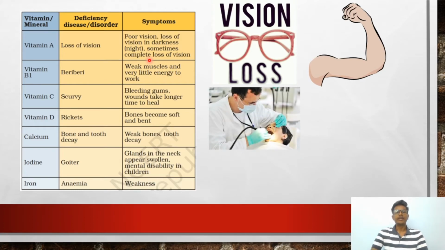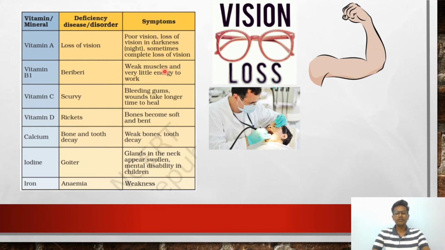If we are having bleeding gums, the blood is coming out of our teeth on a regular basis, we can say that we have a deficiency disease and we have to go for a dental checkup. Vitamin D, the deficiency disease is rickets.